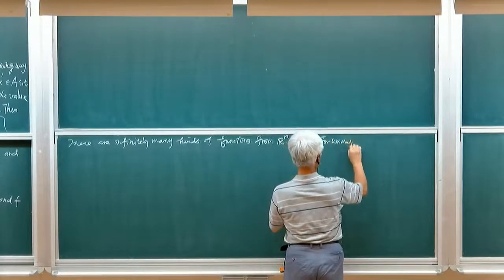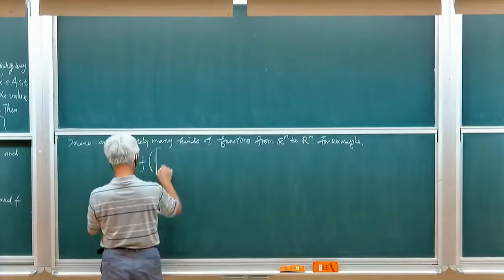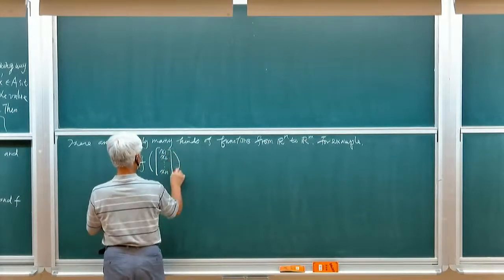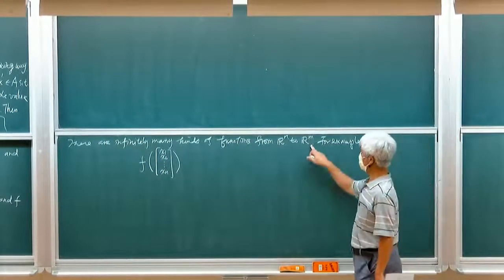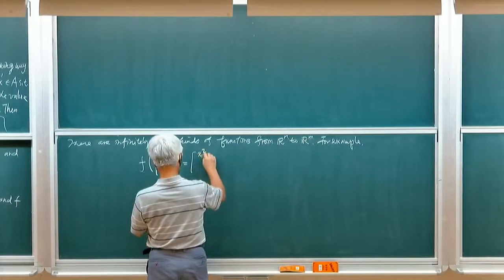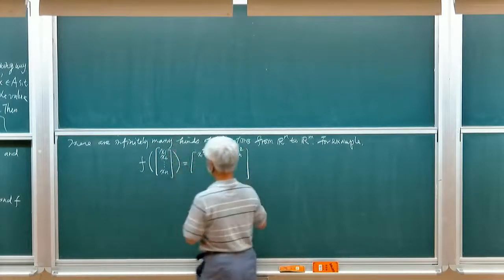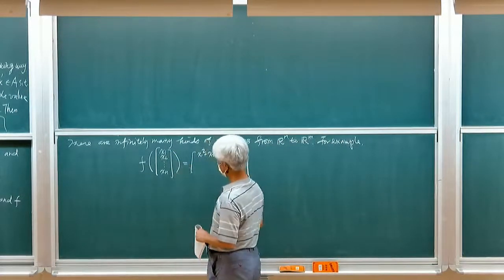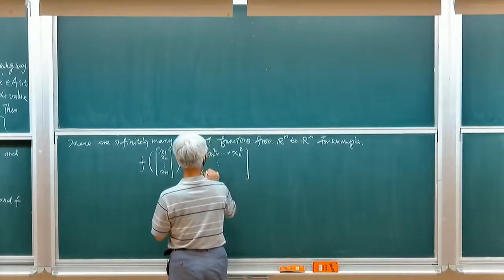For example, you can define a function from Rn to Rm where the first component is the sum of squares of the vector in Rn, or you can just take the product.